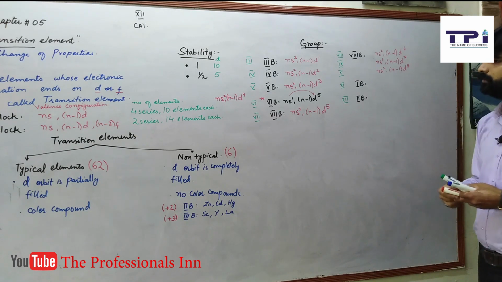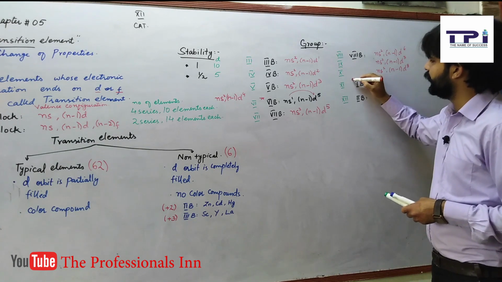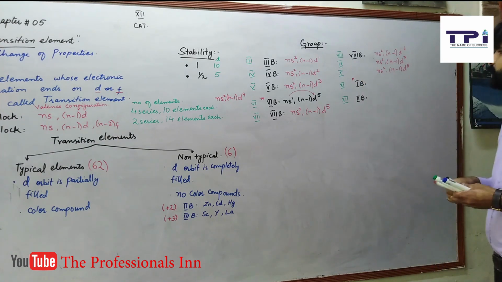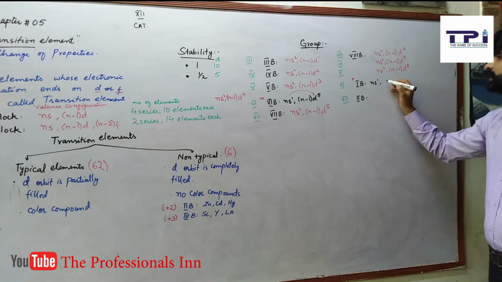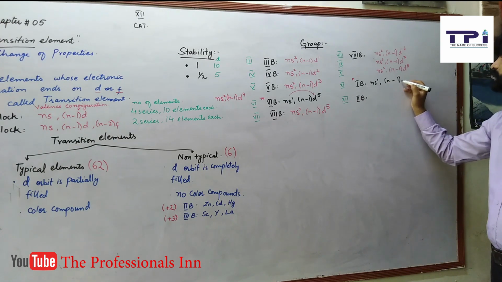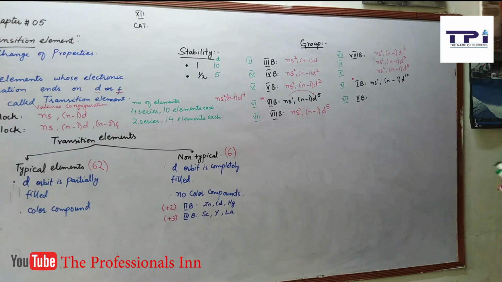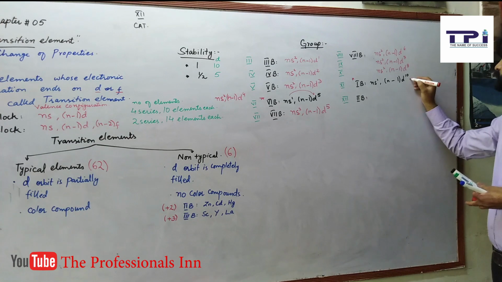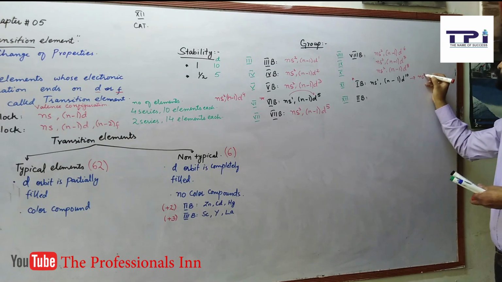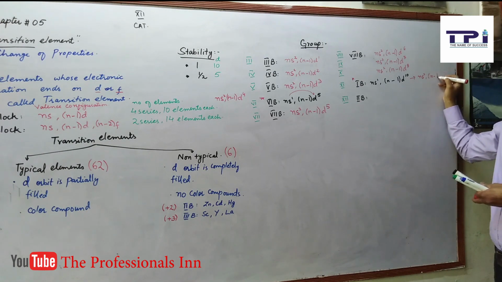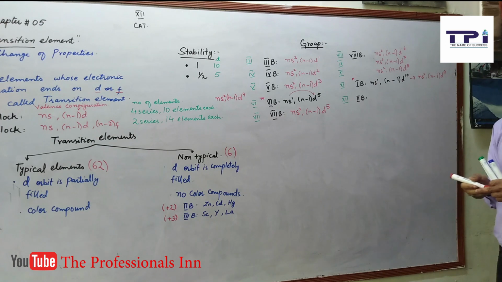Group 1b, you have to memorize. This will also violate the Aufbau principle and becomes ns1 n-1d10. In actual, it should be like this: ns2 n-1d9.